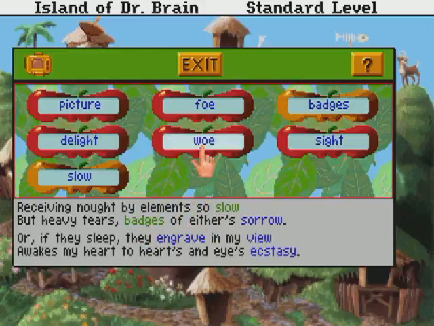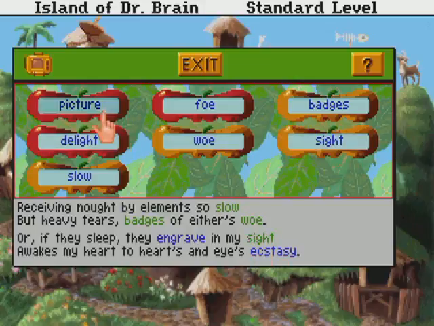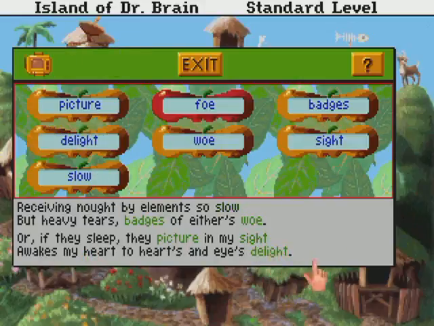Badges of woe. Or if they sleep, they engrave in my view. They picture in my sight. Wakes my heart to hearts and eyes ecstasy, delight.